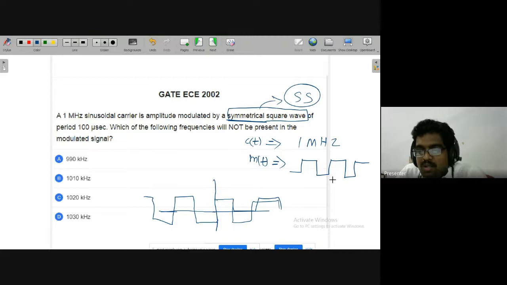Now you should know what frequencies are available in the message signal. Anyway, the period of this signal is given as 100 microseconds.